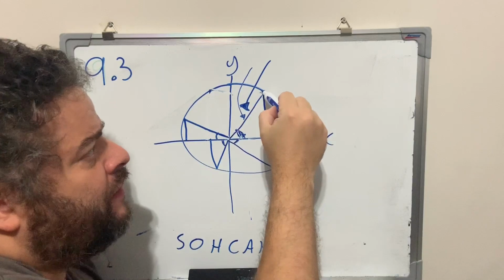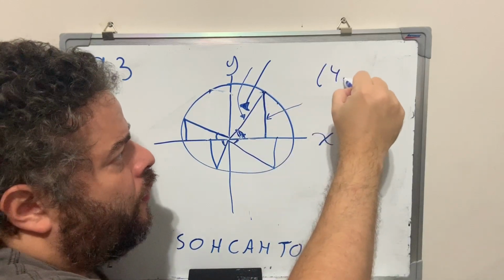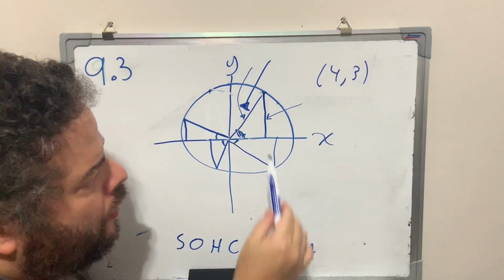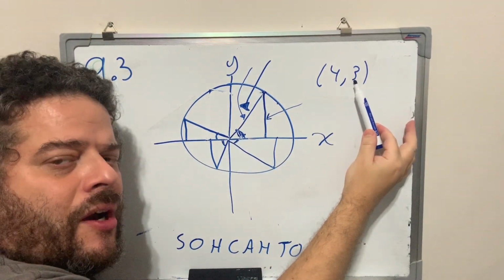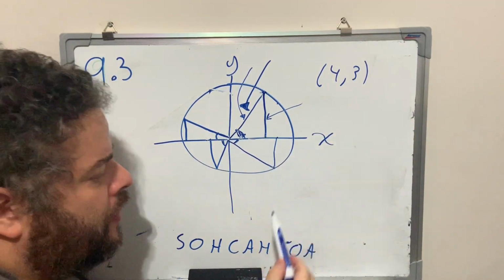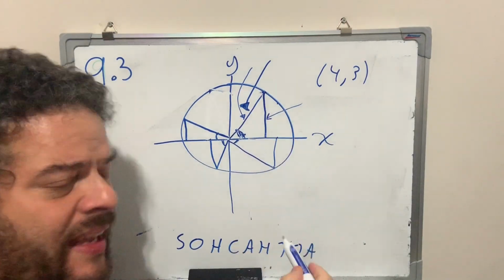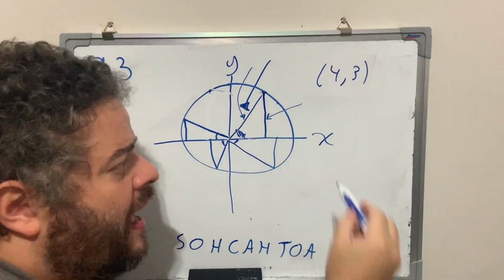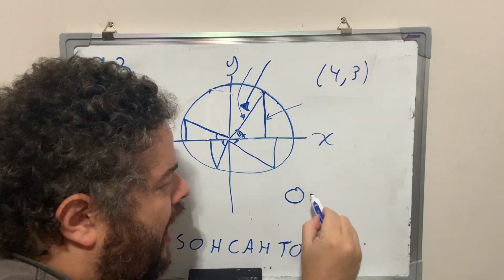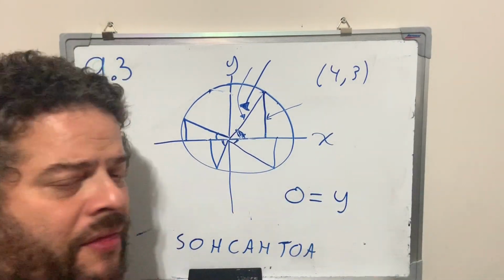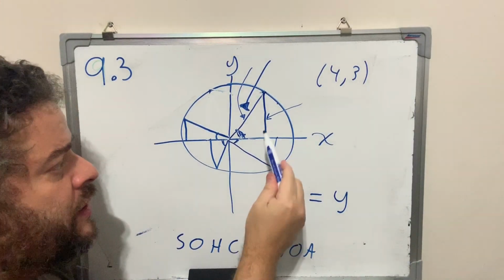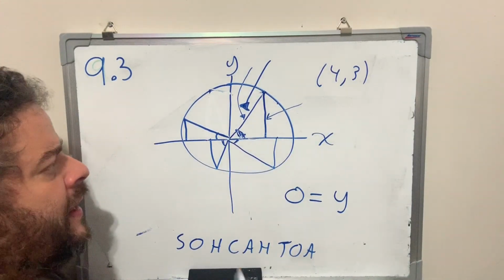If this coordinate is 4, 3, would that not be the y portion of the coordinate? Yeah, so the opposite side is the exact same thing as y. The opposite side is always going to be the exact same thing as the y value. Doesn't matter what quadrant I end up in.